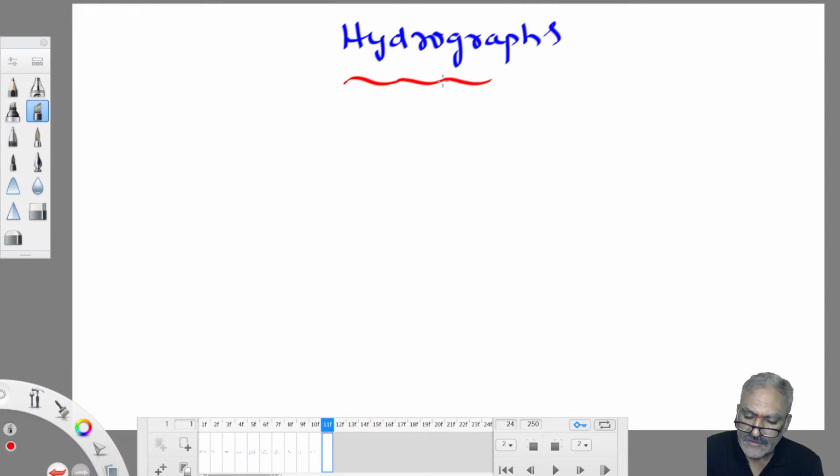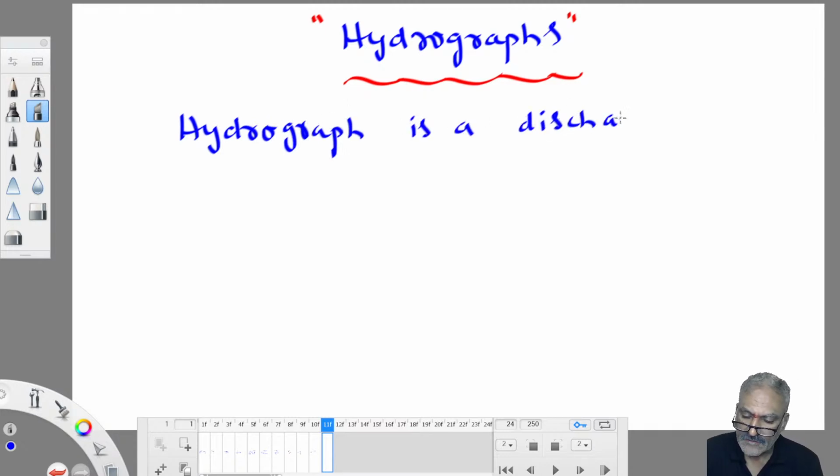It is a water plot. Then what exactly does it represent? A hydrograph is a plot of discharge versus time. It is a discharge versus time plot.